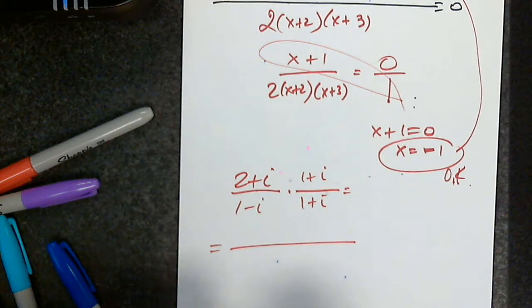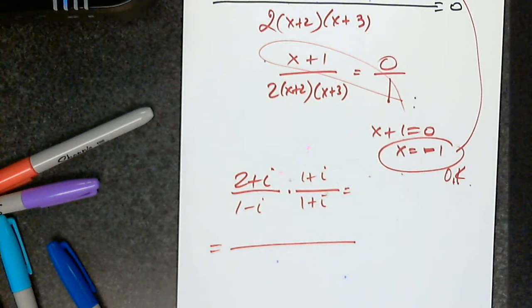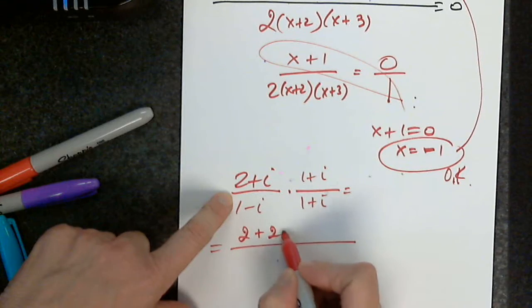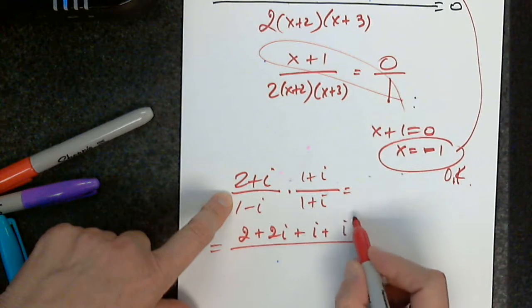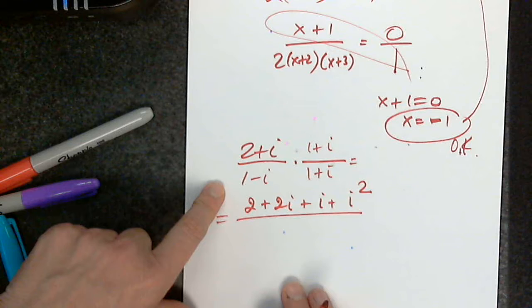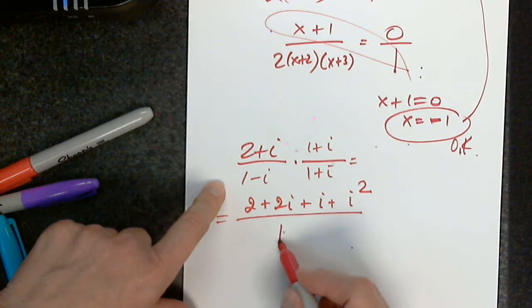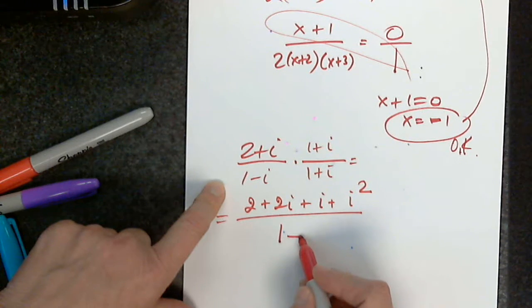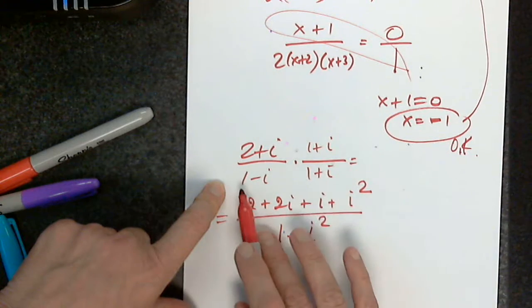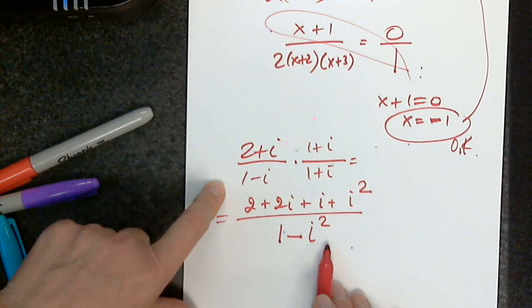What do I have? The numerator I have to distribute. I have no choice. So 2 plus 2i, yes, plus i squared. And the denominator? A plus b times a minus b is a squared minus b squared.